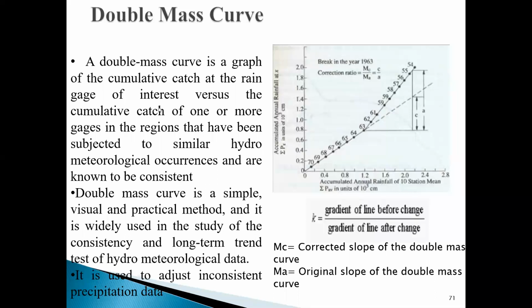That means here the double mass curve is a plot of the accumulated annual rainfall at the surrounding stations versus the accumulated annual rainfall in that particular station where there is a change in the rainfall record or a change in the trend of the rainfall record.